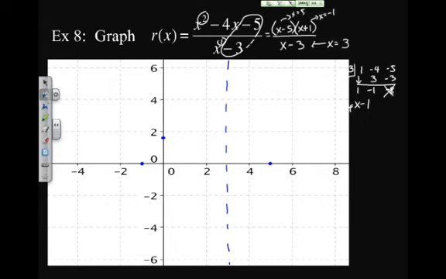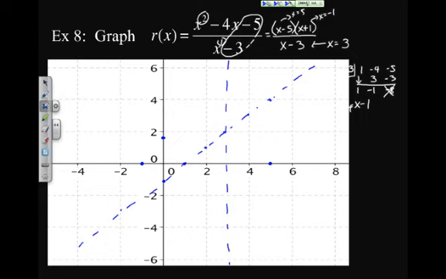That's in slope-intercept form. So when we graph that, we start at negative 1, and our slope is 1. So we're going to go up 1 over 1, up 1 over 1, up 1 over 1, and so on. And so we find out, as well as I can draw this, that our slant asymptote is going to look like that.